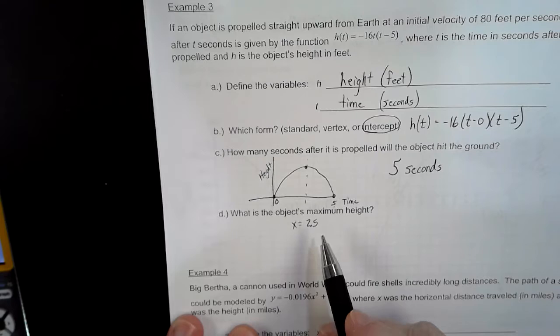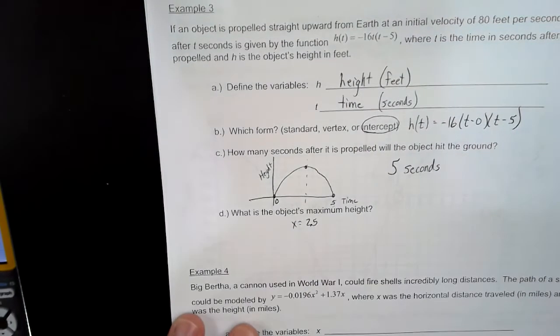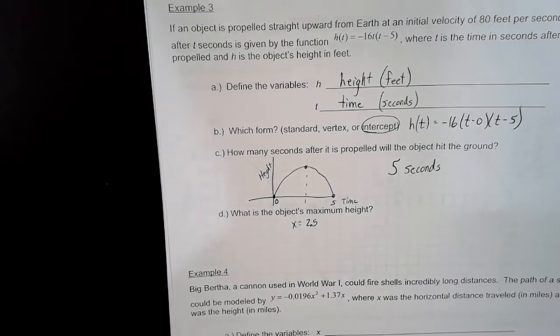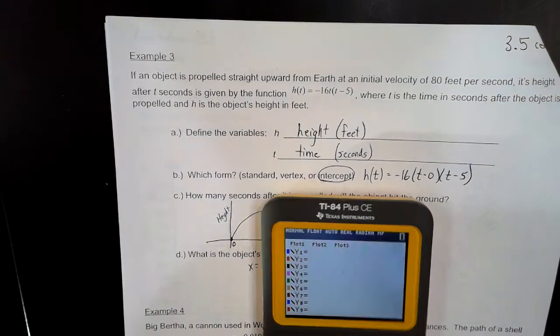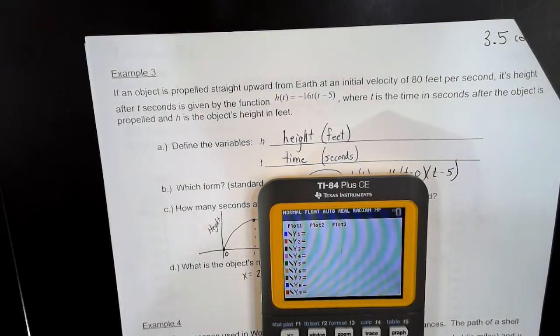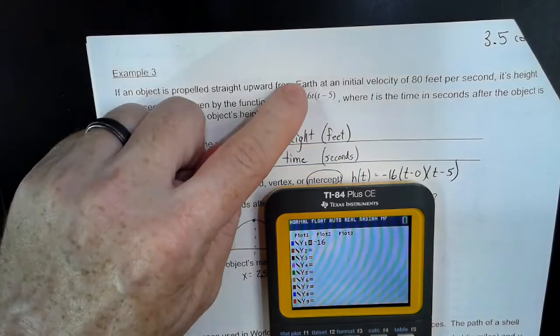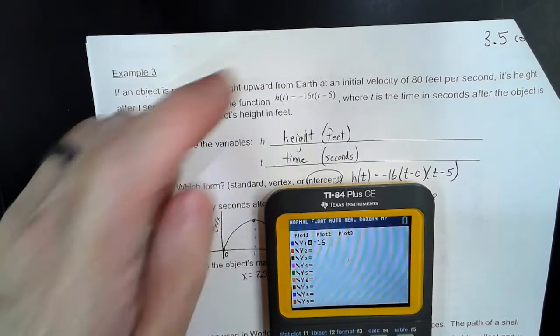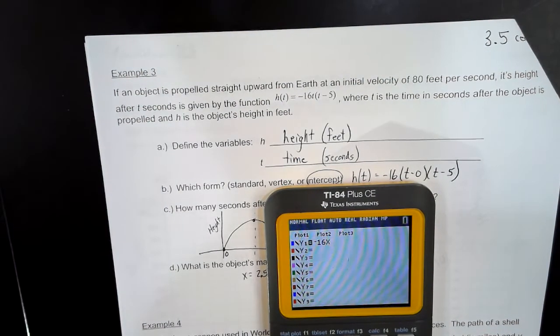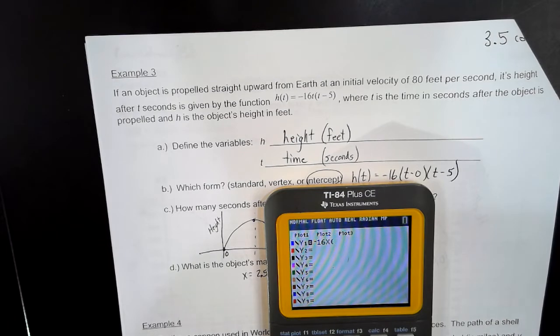Okay, so we figured out our vertex was going to be at 2.5. So I'm going to plug this into the handy calculator. So I have negative 16. Now again, I'm always going to change whatever that variable is to an x, because I think the calculator will only read an x, so just keep that in mind if it gives you an error.